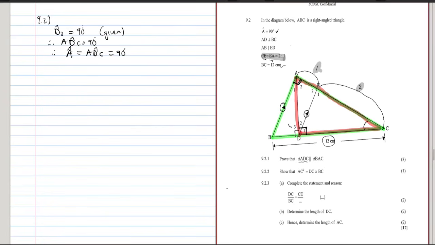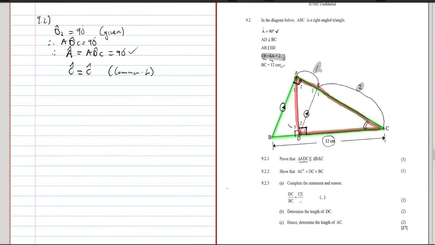Then we have that common angle C. Angle C is part of the green triangle, and the angle C is also part of the red triangle. So the angle C in the red and the angle C in the green are equal. Reason: that's a common angle, right?